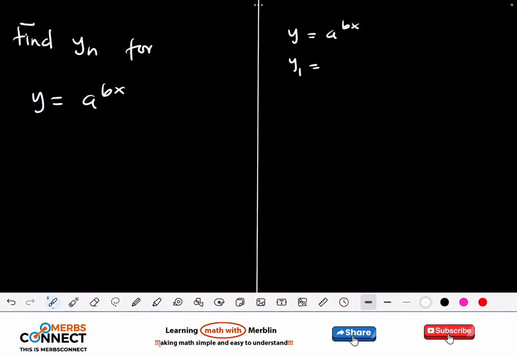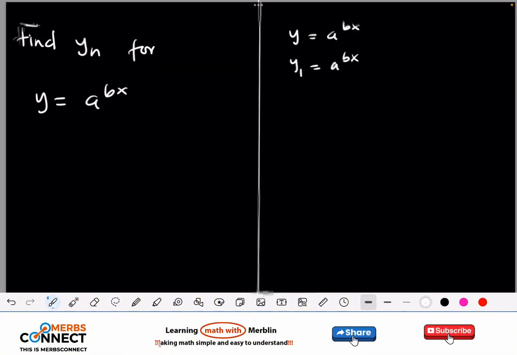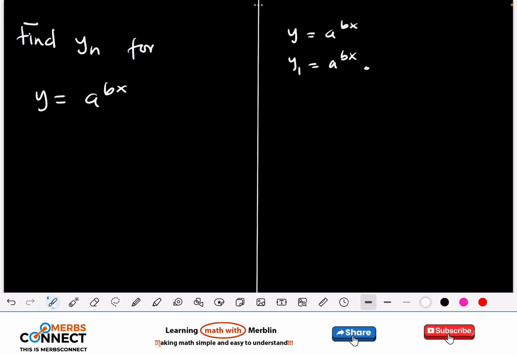So I'm going to have a to the power bx times the derivative of the top, which is b, times ln of the base. This is how I did it: maintain the function because the base is constant.